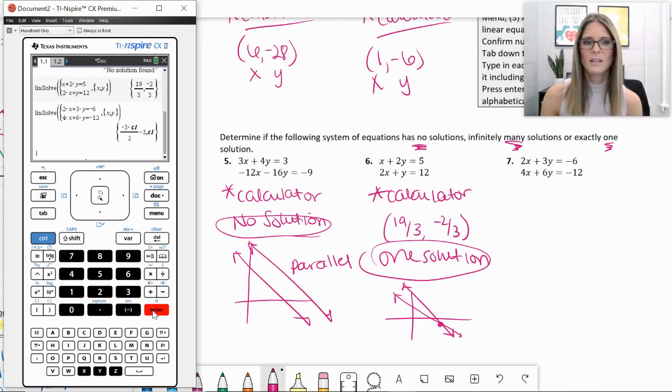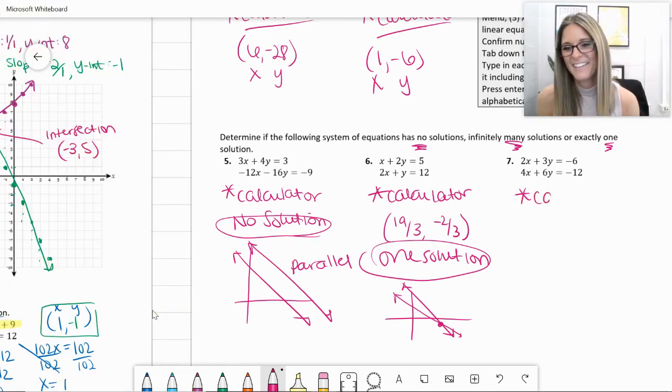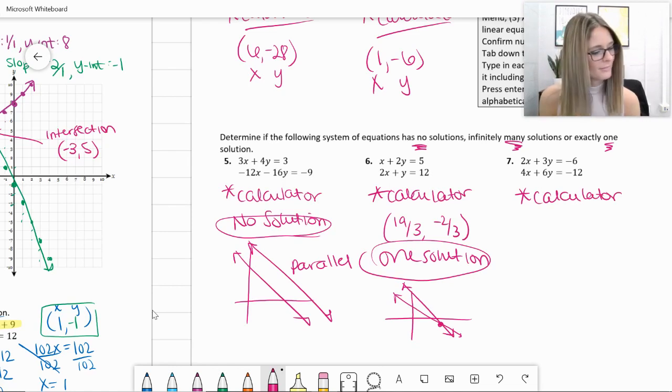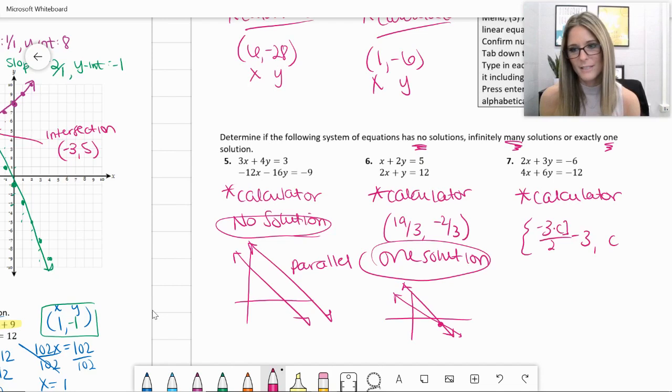What's that? Negative 3 times c1 over 2 minus 3, c1. That's weird. We use the calculator, and it said negative 3 times c1 over 2 minus 3 comma c1.